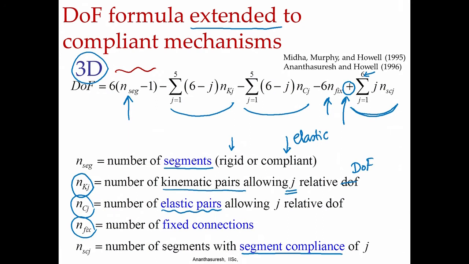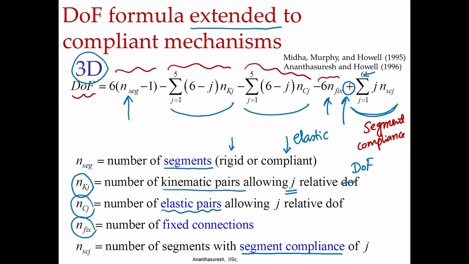Only thing is now we count the segments that include both rigid and elastic, and this part is what was there in Gruebler's formula. Then this one we add because in a compliant mechanism there could be elastic pairs which act just like kinematic pairs, but have elastic degrees of freedom. N fix is there because occasionally we would need to have fixed connections among various segments in the mechanism, and this segment compliance is something that we will discuss a little bit more, so that we understand what the degrees of freedom means.